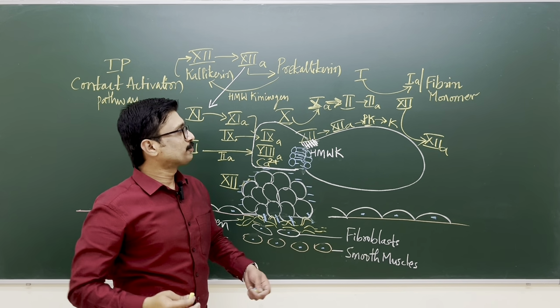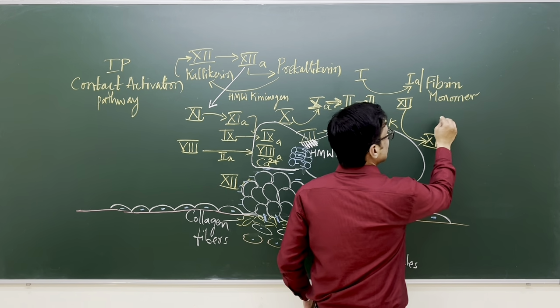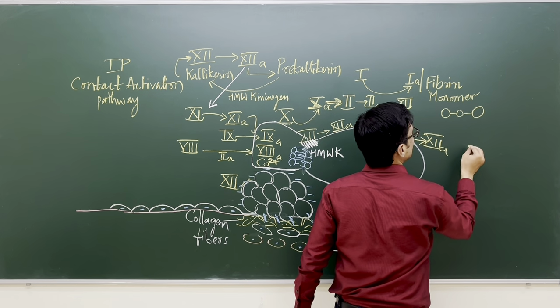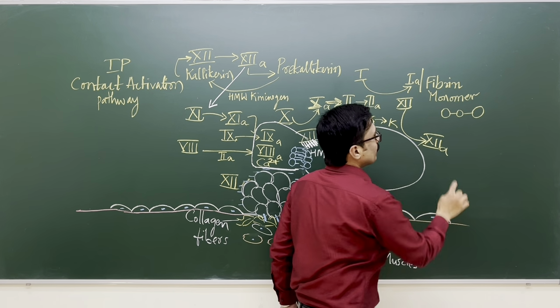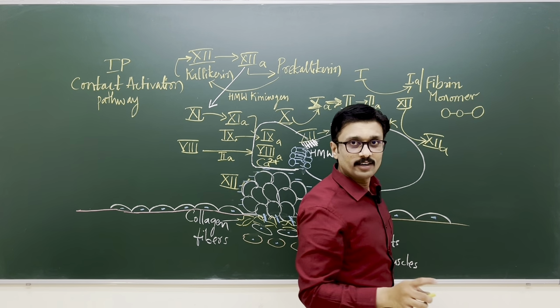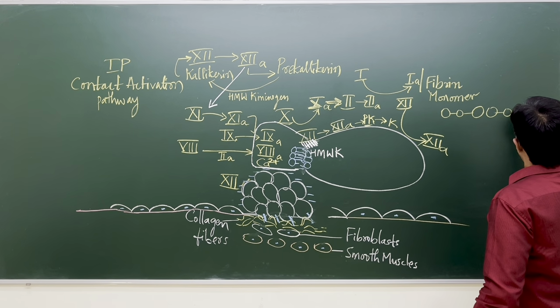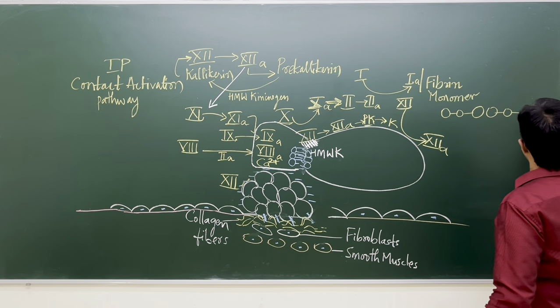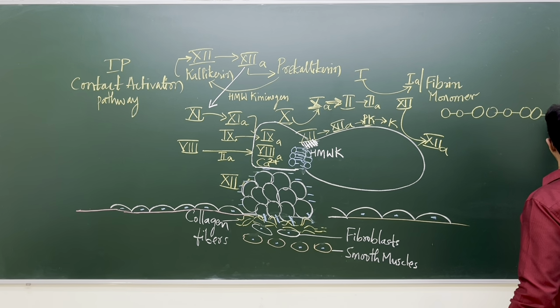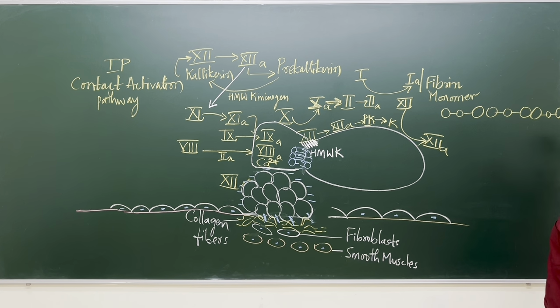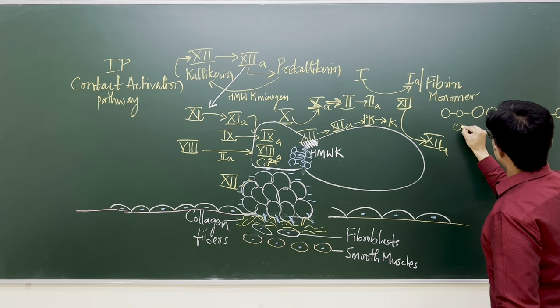Once fibrin is formed, see, fibrin is a 3-nodular structure. This fibrin monomer, trinodular structure, will organize so that all these will form a chain. So we can call this a polymer of fibrin, polymerization of fibrin. So like this, the chains are formed.